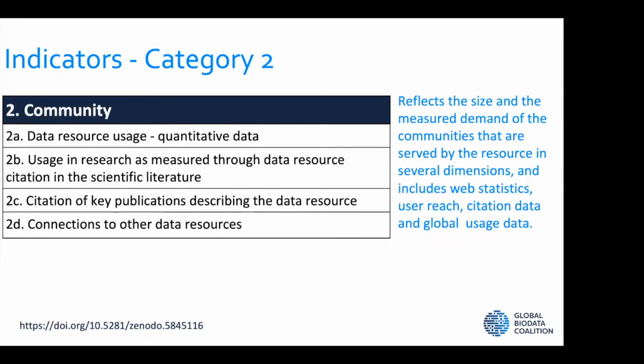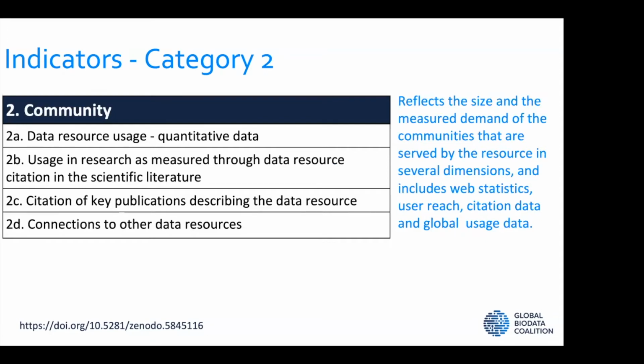We ask also in this category about the degree of citation of key publications describing the data resource. So, for example, you may be familiar with the Nucleic Acids Research database issue. The data resource may publish in that, and if they do, how often are those papers cited or equivalent from other publications?